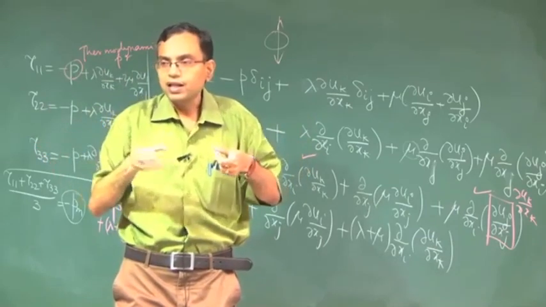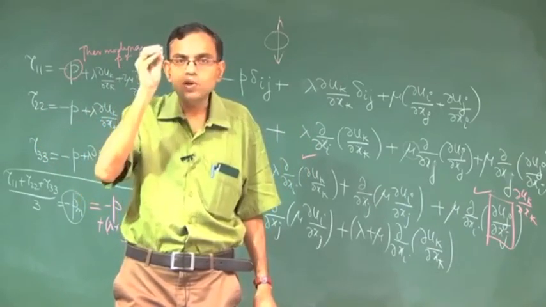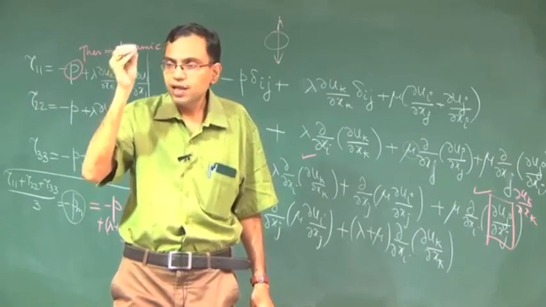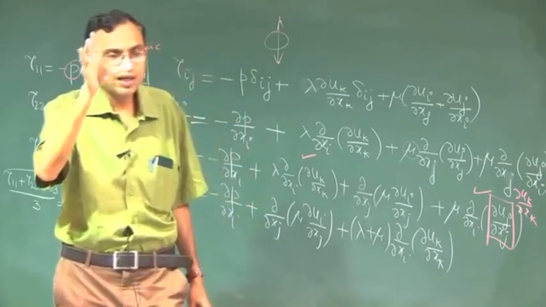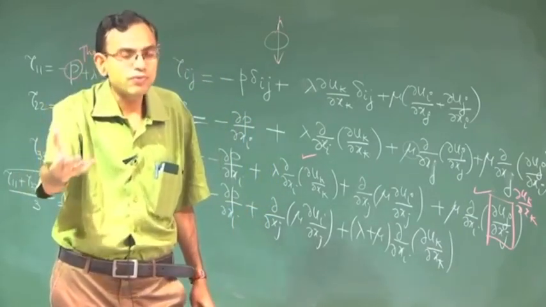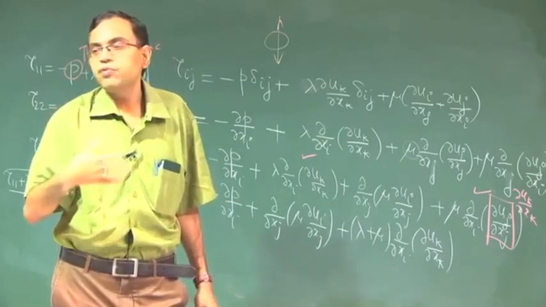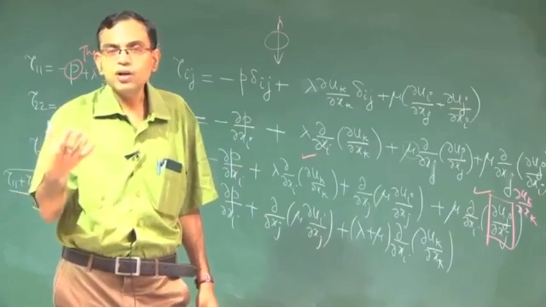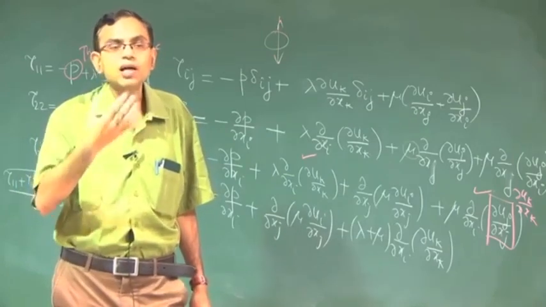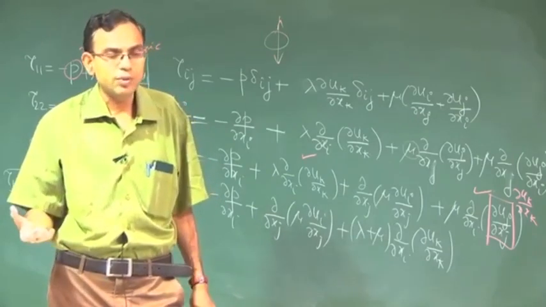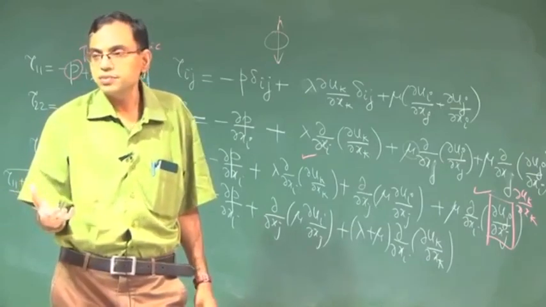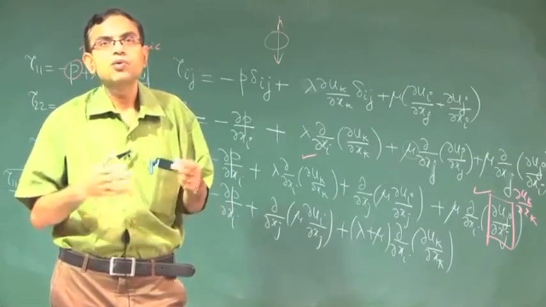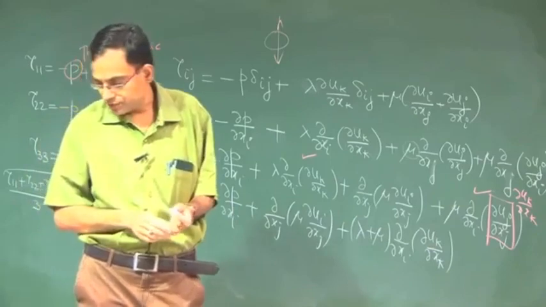In this way, if the time scale of imposition of the disturbance is shorter than the relaxation time of the fluid itself, then the fluid will not be able to relax to an equilibrium state, and it will not be able to achieve the equality between mechanical and thermodynamic pressure. Under those circumstances, mechanical pressure will not be equal to thermodynamic pressure.